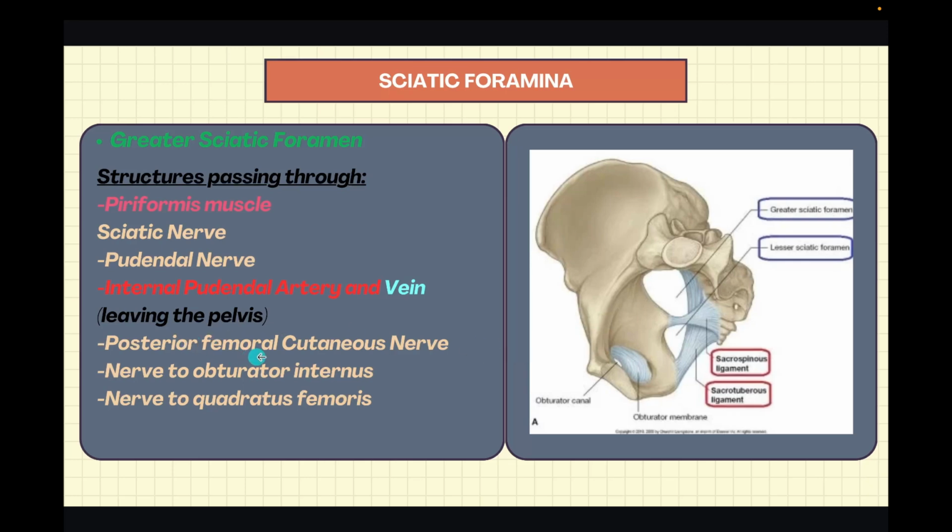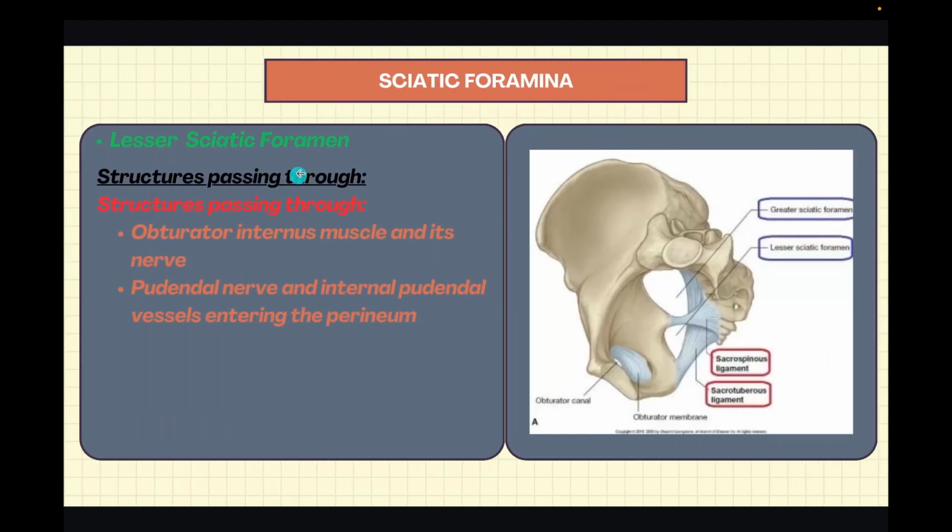You also have the posterior femoral cutaneous nerve, the nerve to the obturator internus, and the nerve to the quadratus femoris. Now, for the lesser sciatic foramen, the structures passing through it are the pudendal nerve and internal pudendal vessels entering the perineum, and the obturator internus muscle and its nerve.